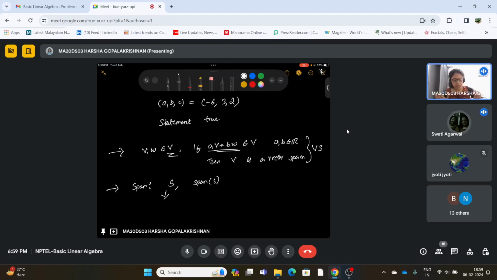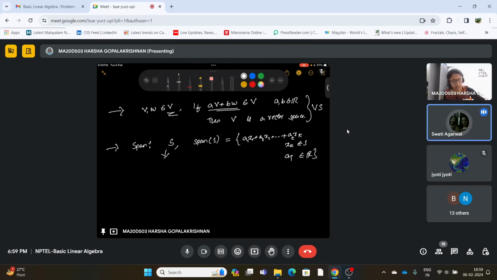Span of S is the set of all linear combinations a1x1 plus a2x2 plus etc. up to akxk. These xk's are all elements of S, and the ai's are all elements of real numbers. This S and V are different.